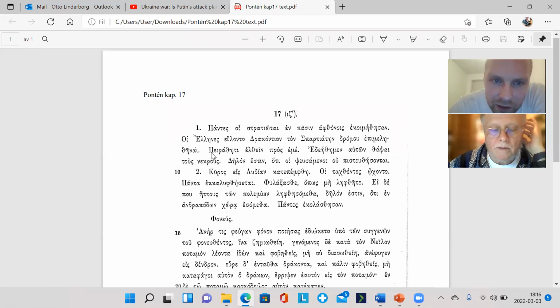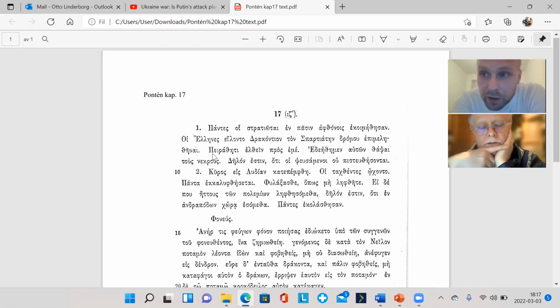But what mood is it? Is it indicative or subjunctive? Imperative, is it? It's an imperative, exactly. Second person singular.